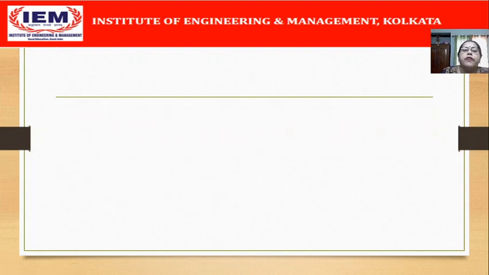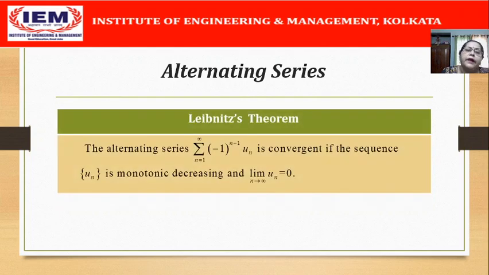Now we have a very important theorem on alternating series by Leibniz, which is basically a test of convergence. So what does it say? The alternating series summation n equal to 1 to infinity minus 1 to the power n minus 1 un is convergent if the sequence un is monotonic decreasing and limit of un as n tends to infinity equals 0.